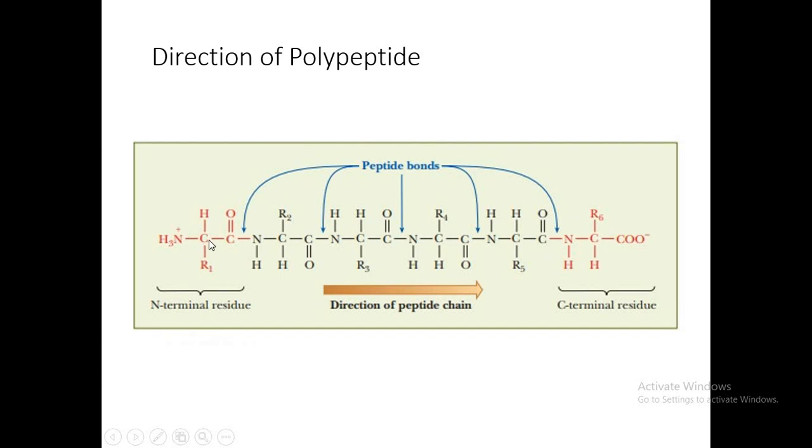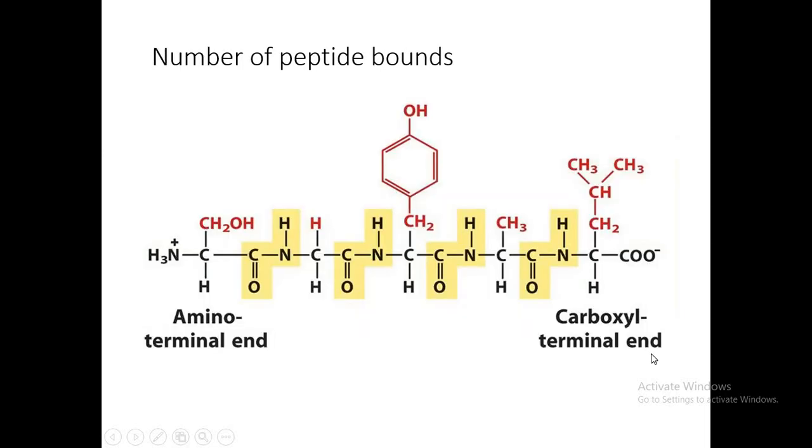If I say I have a polypeptide chain with multiple amino acids, kindly write down the name of this polypeptide chain. Where do you have to start? You have to start from the N terminus. You write first the name of the amino acid present at the N terminus, then the second amino acid, and so on till the C terminus.